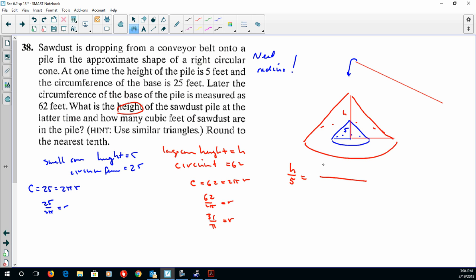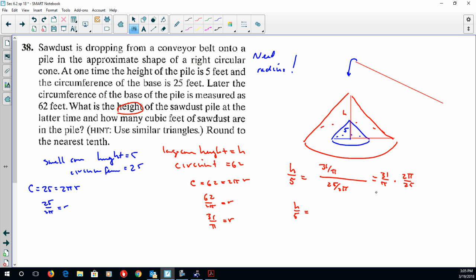Let me rewrite the right-hand side. I'm dividing fractions, so I want to invert and multiply, and the only thing that cancels off is the pi's. H over 5 equals 62 over 25. So multiply through by 5.